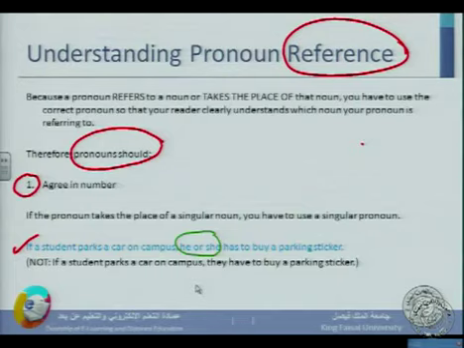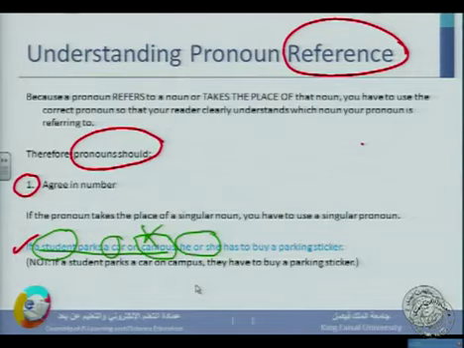طيب الآن what shall we do? We look at this sentence and we look for singular nouns. Singular nouns في هذه الجملة كانت student, a car, و campus. He or she بترجع للعاقل، البشر, human beings. Campus حرم جامعي, it's not a human being, so it is incorrect.